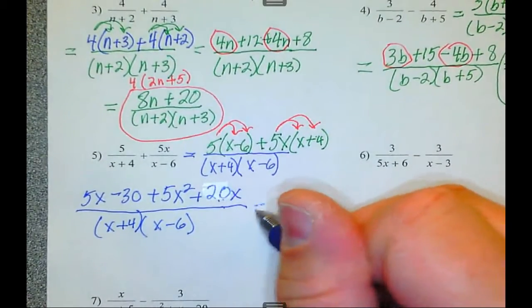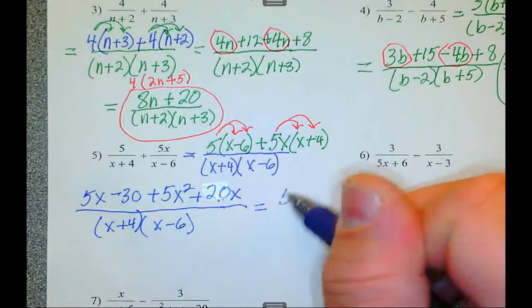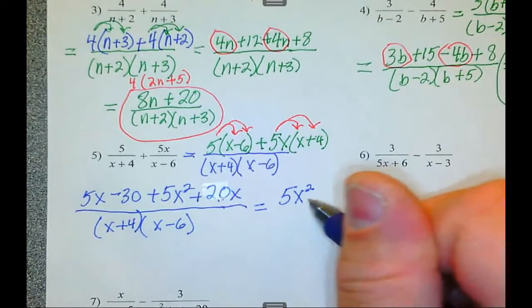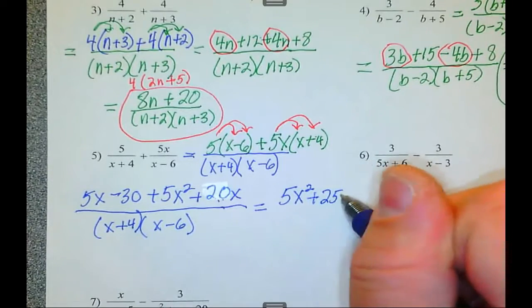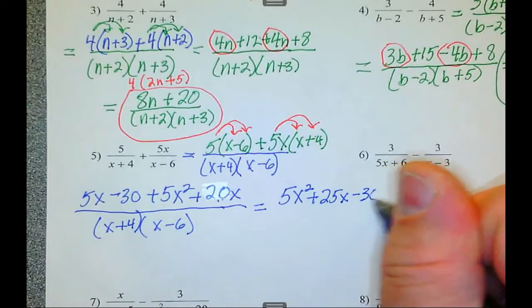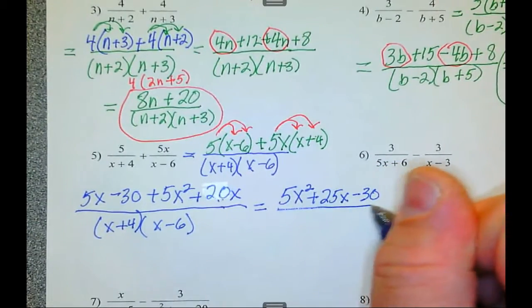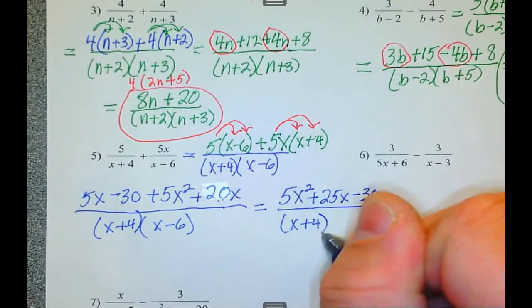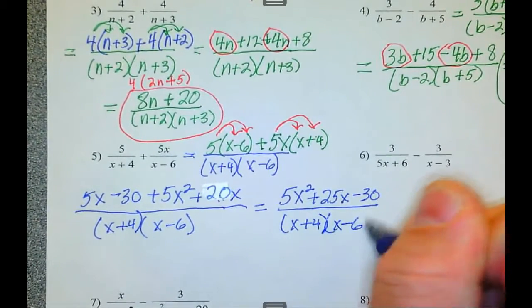Let's combine like terms. 5x squared plus 25x minus 30 all over x plus 4, x minus 6.